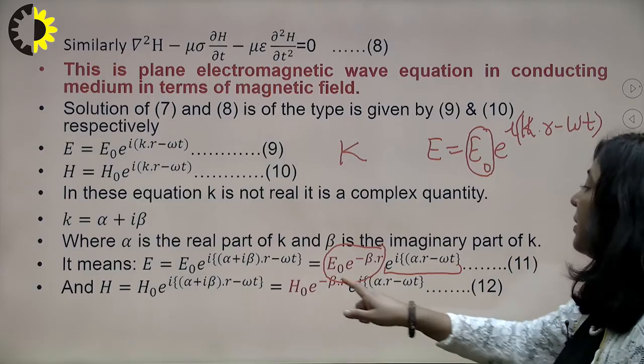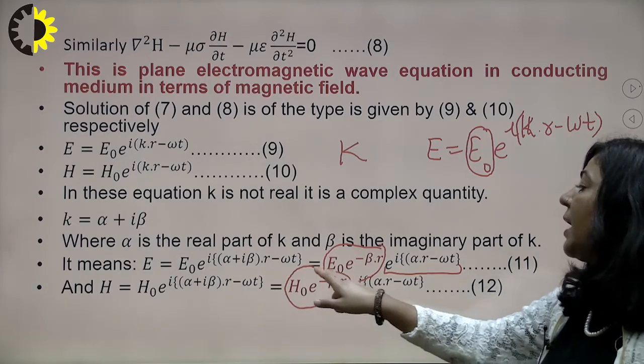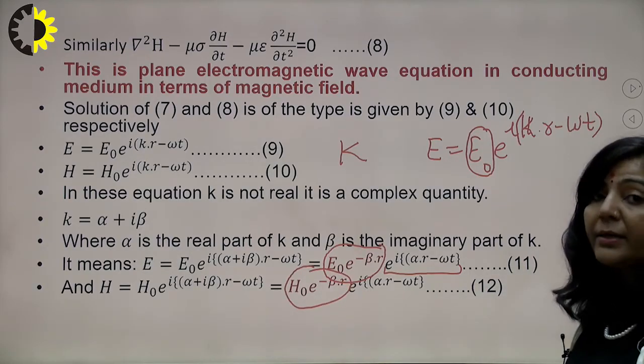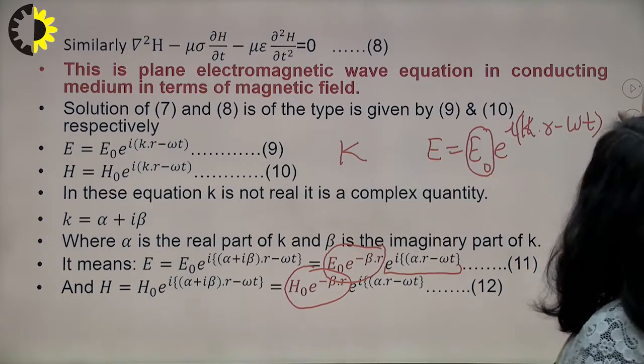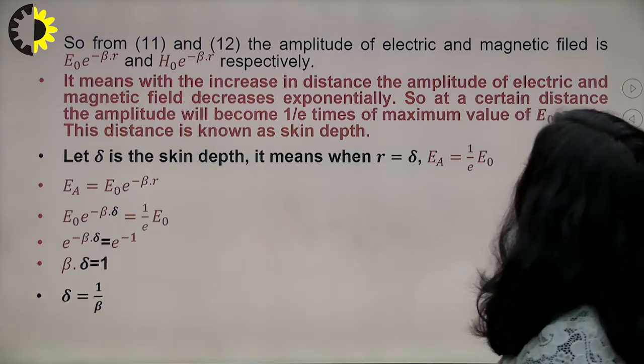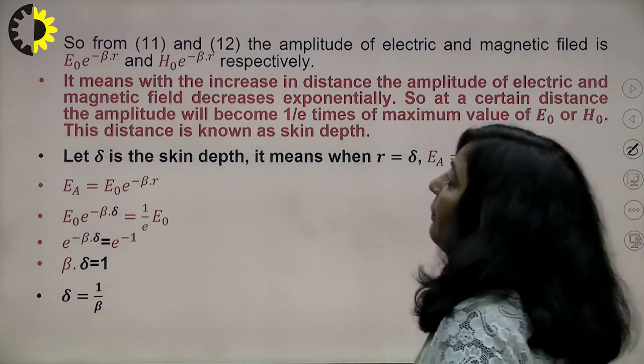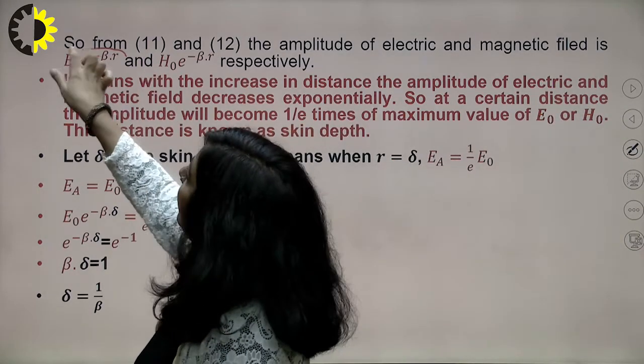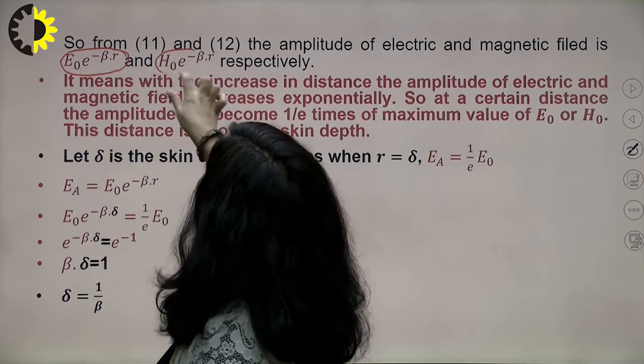You follow similar steps, and you can see this is the amplitude of magnetic field vector, again exponential decay. So from equations 11 and 12, the amplitude of electric field vector is this one, and the amplitude of magnetic field vector is this one.